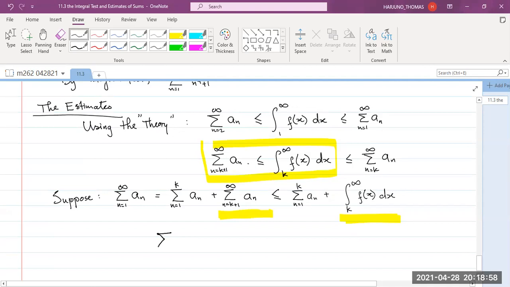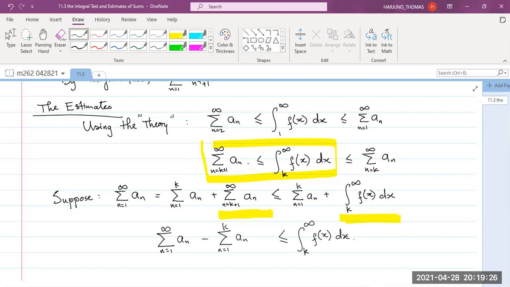The actual sum, we usually call that just S, minus the kth partial sum is bounded above by the integral from k to infinity of f(x) dx. Is it right? So that's one.